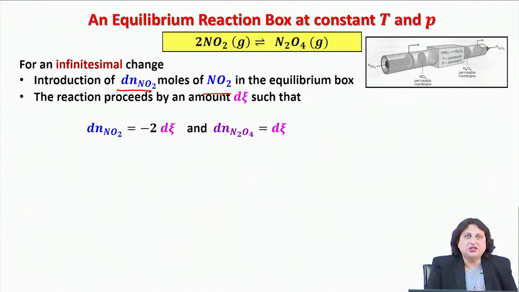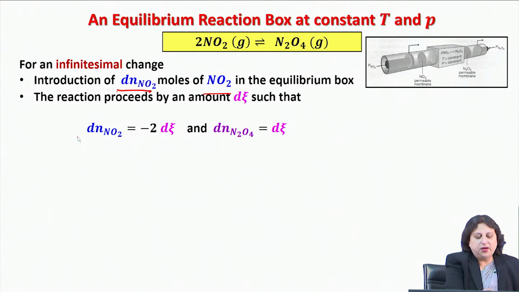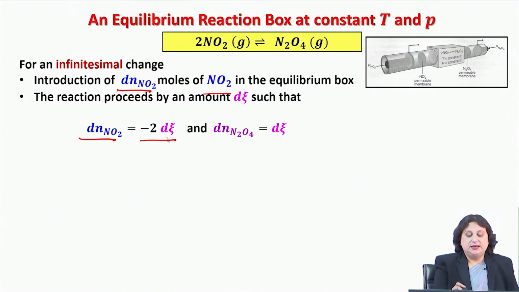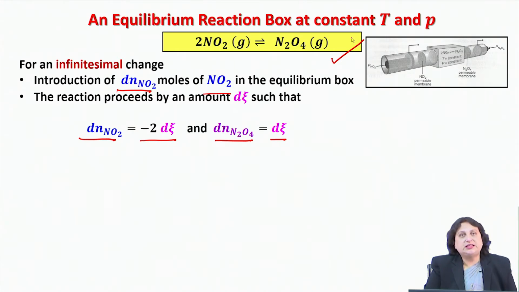So because of this reaction, there will be infinitesimal changes in the number of moles of the reactant as well as the number of moles of the product. And here I find that dN of NO2 is going to be minus 2 d xi, and dN of N2O4 is going to be plus d xi, as dictated by the balanced stoichiometric equation given here, when the reaction proceeds in the forward direction by an amount d xi.